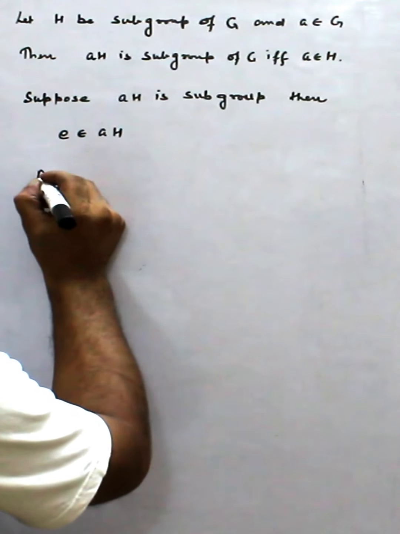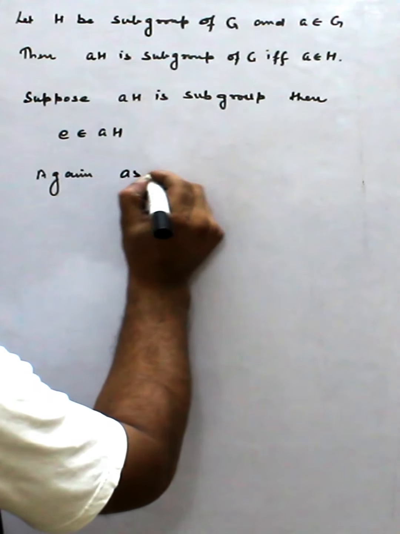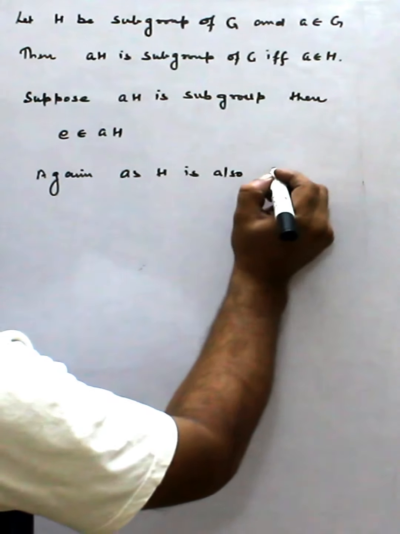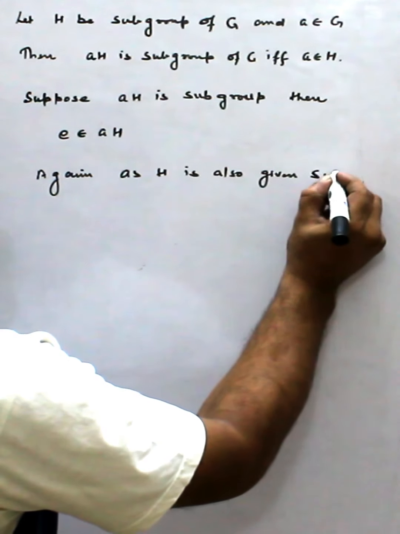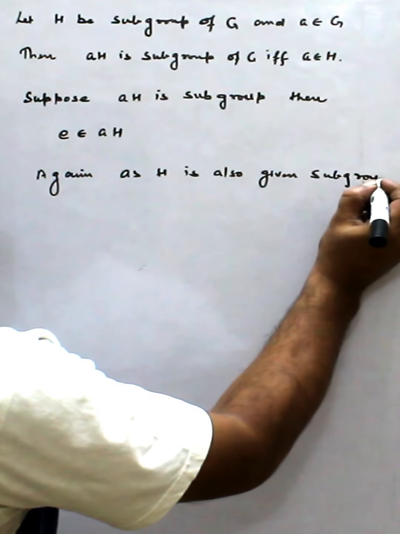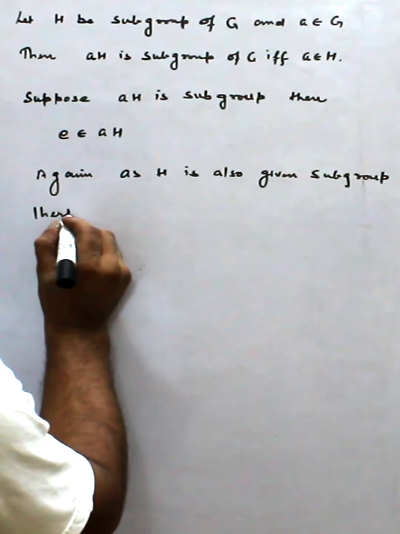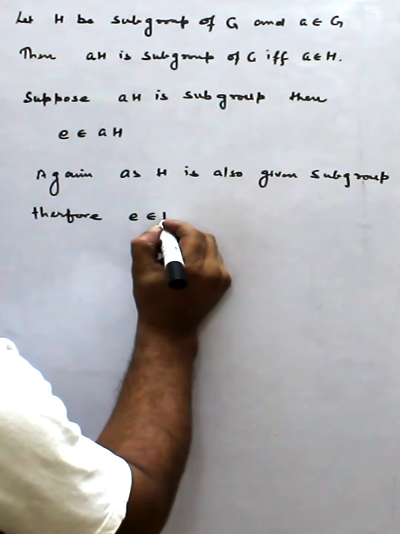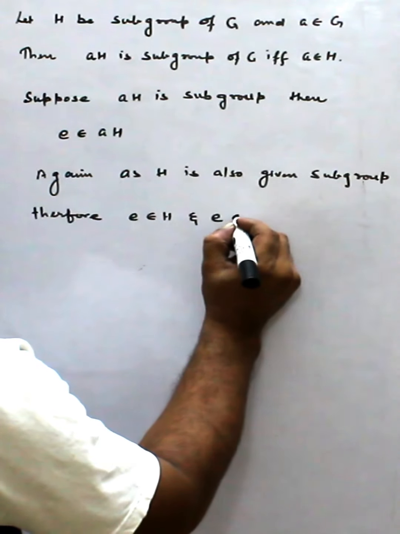Again, as H is also given a subgroup, therefore E belongs to H and E belongs to AH.